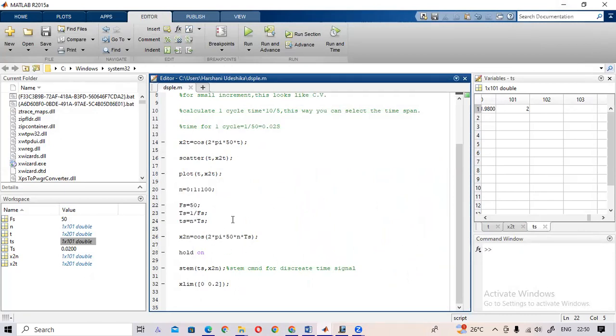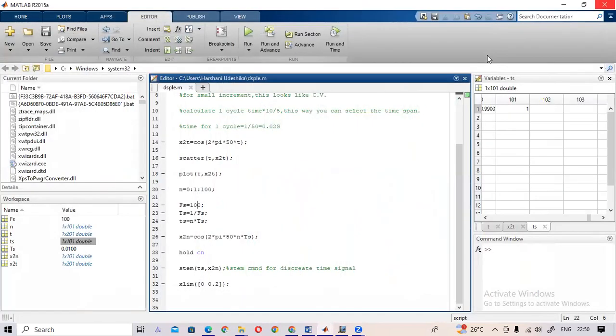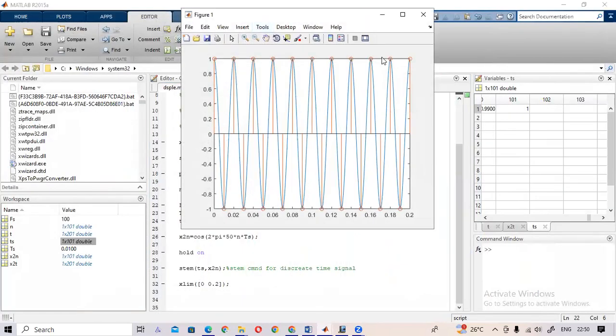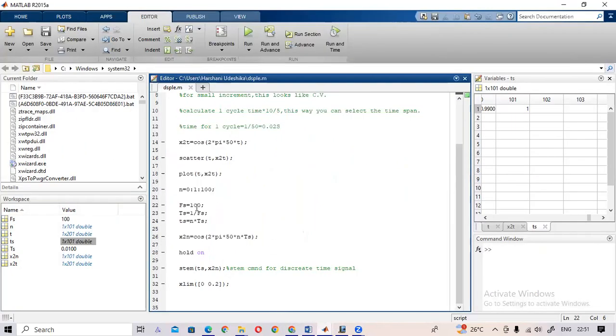So you can see that if we increase the sample frequency, for example, we select the sampling frequency 100.